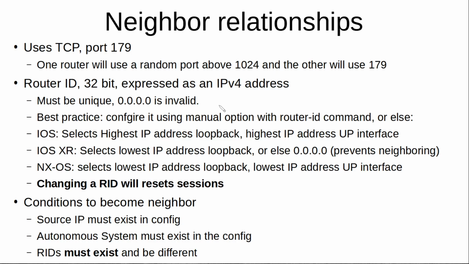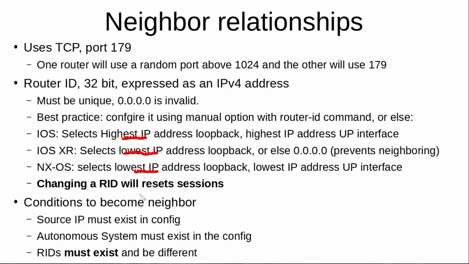It must be unique. The router ID 0.0.0.0 is invalid. The best practice is to configure it manually, otherwise your operating system will choose one for you. Notice that for IOS, the highest IP address is chosen, whereas in other operating systems, the lowest IP address is used. So be aware of that.